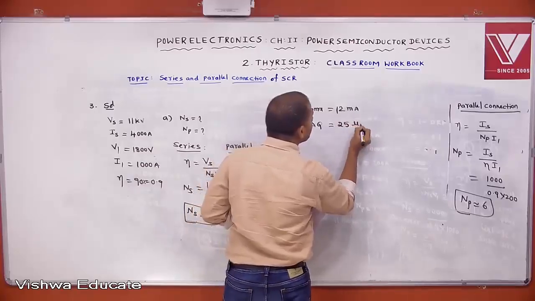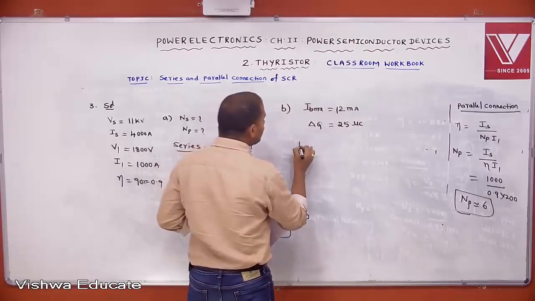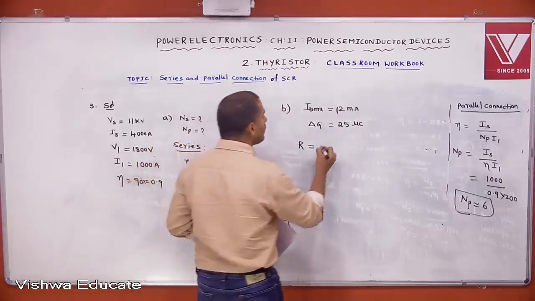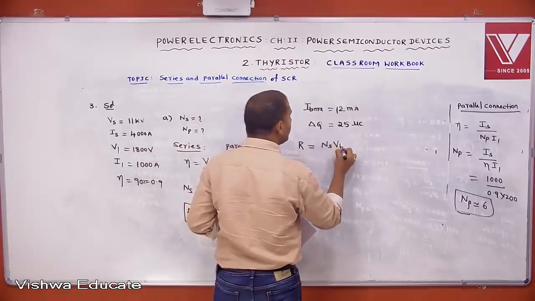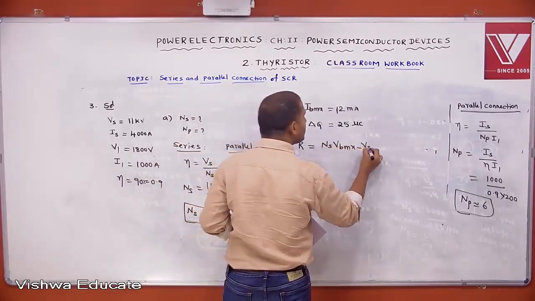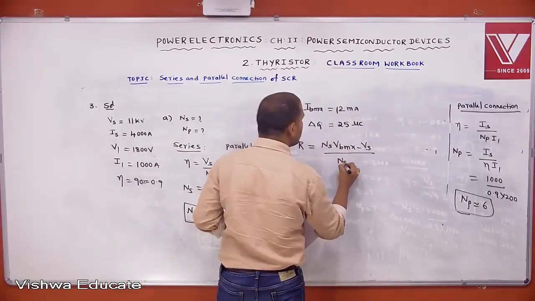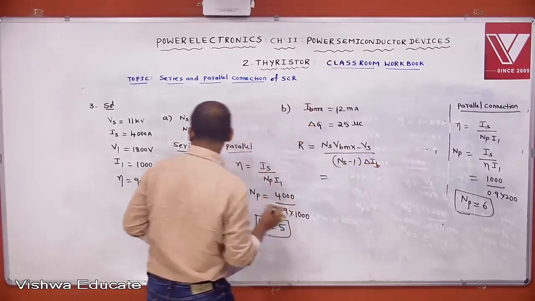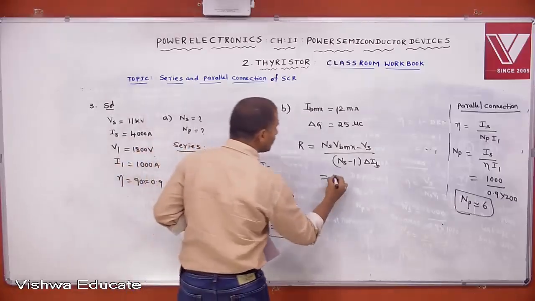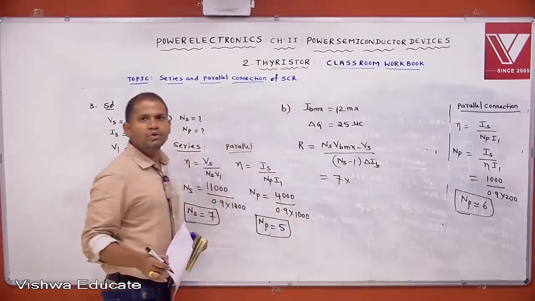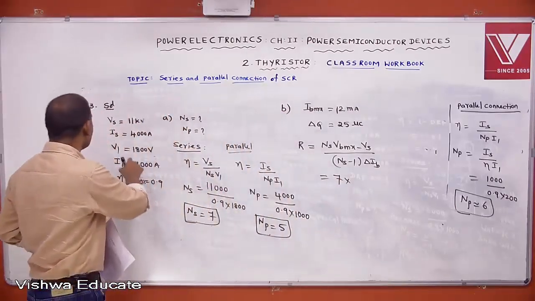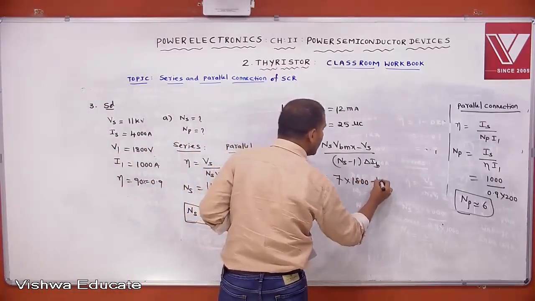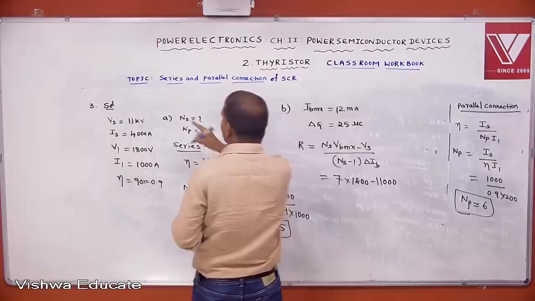Then the static equalizing resistance R equals Ns into VBMX minus Vs, divided by Ns minus 1 into delta IB. The number of series connected SCRs is 7. VBMX, the individual voltage rating of each SCR, is 1800, and Vs is 11,000.